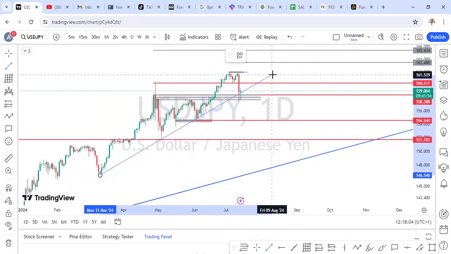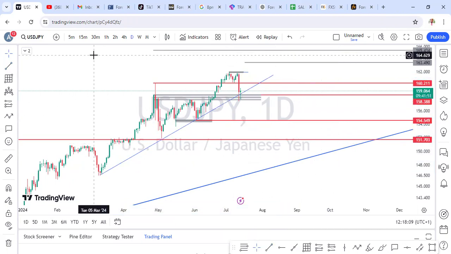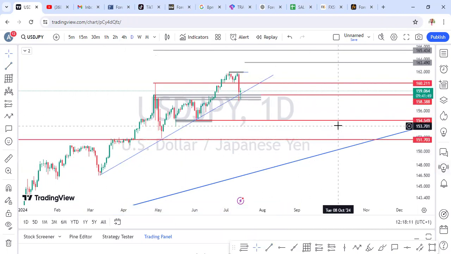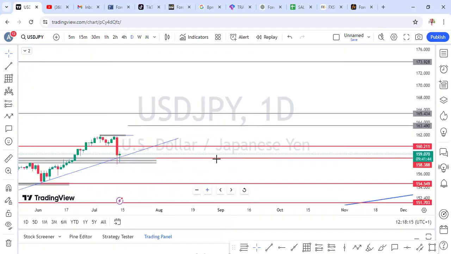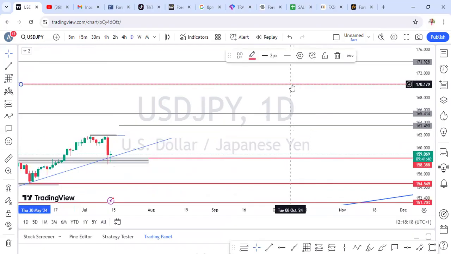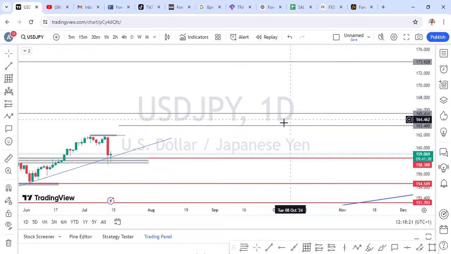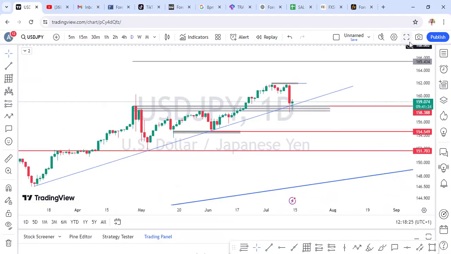Okay, so price has given us a clear liquidity sweep in that manner. Let me delete all this so that I can see clear space to work with.